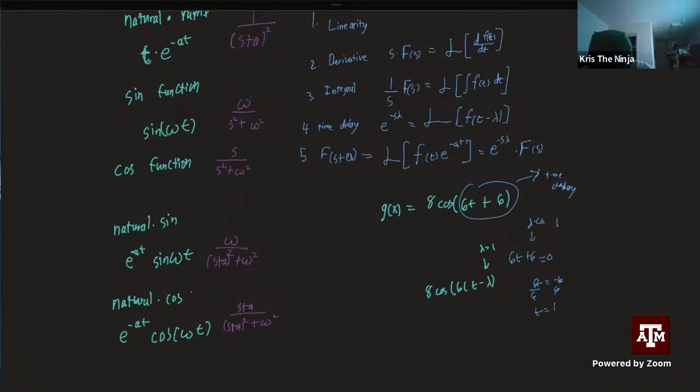With the t minus lambda, that gives us e to the minus s lambda, so that's e to the s, times 8 cosine 6t.